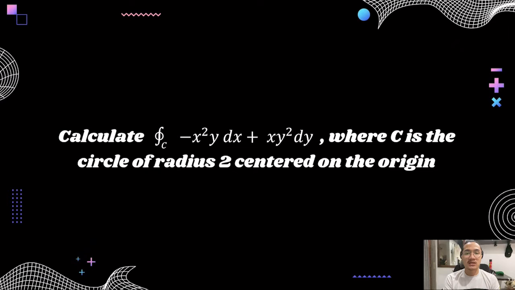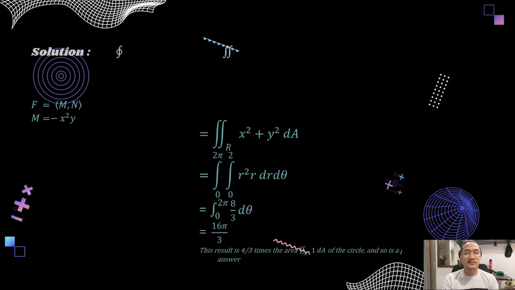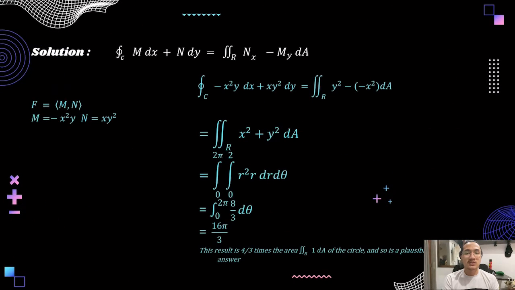So the question is, calculate the line integral over C of negative x squared y dx plus xy squared dy, where C is the circle of radius 2 centered on the origin. To solve this, Green's theorem tells us that if F equals M and N, we let M equal negative x squared y and N equal xy squared.